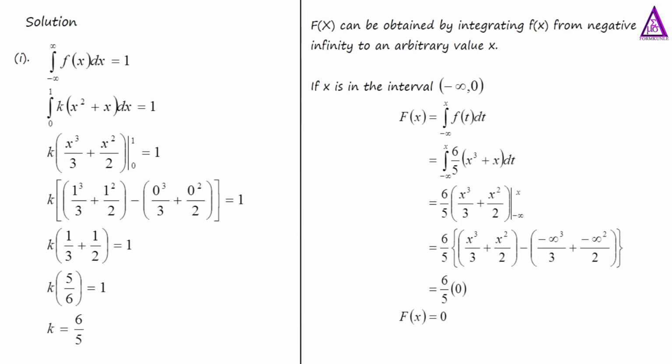And we know that our probability density function is equal to 6 over 5 into bracket s raised to the power 3 plus x. When we integrate this probability density function, we obtain this. And we put the limit into equation 3. We obtain this. We can see that when x falls into the range of negative infinity to 0, our cumulative distribution function is equal to 0.